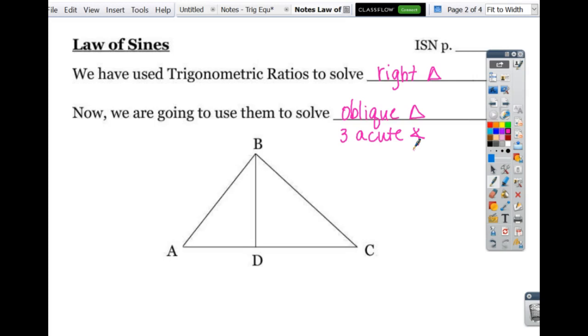I thought, wouldn't that be an equilateral? Well, that is also an equilateral. Also, it can have 1 obtuse angle and 2 acute angles.